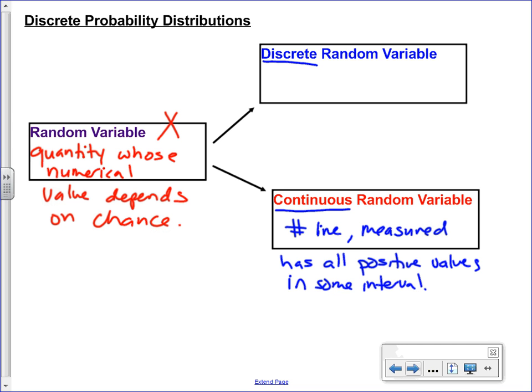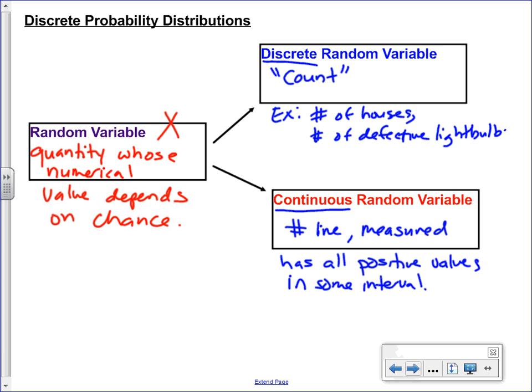As opposed to discrete. Discrete is just like count: 1, 2, 3, 4. So discrete random variables are the variables that you could just count, as opposed to being measured. An example would be number of houses, number of defective light bulbs, which likes to come up a lot, marbles, how many magazines did somebody pick out?